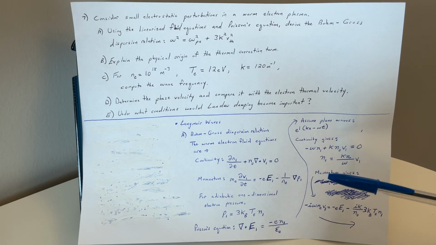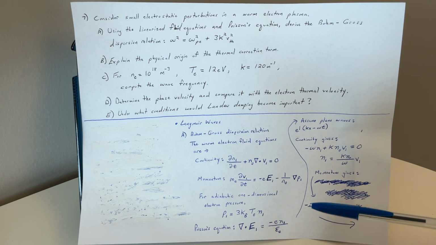Momentum gives the following: negative i omega m sub e v sub 1 equals negative e E sub 1 minus ik over n naught times 3 k sub B T sub e n sub 1.